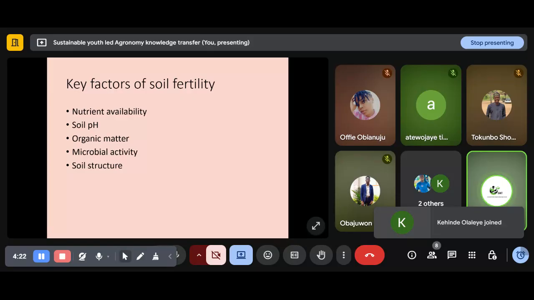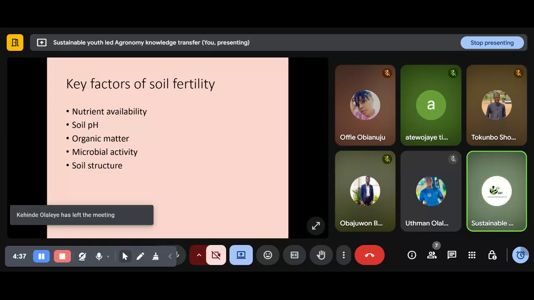Now, what are the key factors of soil fertility? There are some factors we need to consider for us to know that this soil is fertile. Number one is nutrient availability. Number two is soil pH. Number three is organic matter. Four, microbial activity, and the soil structure.